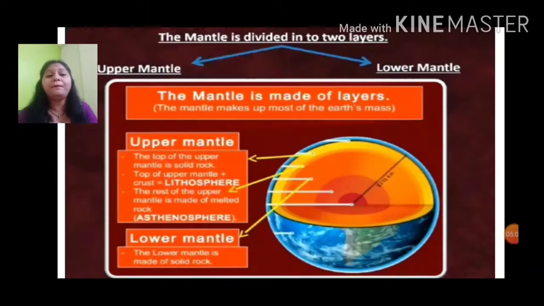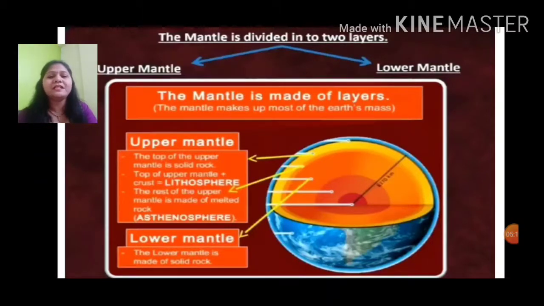Most of the rocks here are melted due to extreme heat.